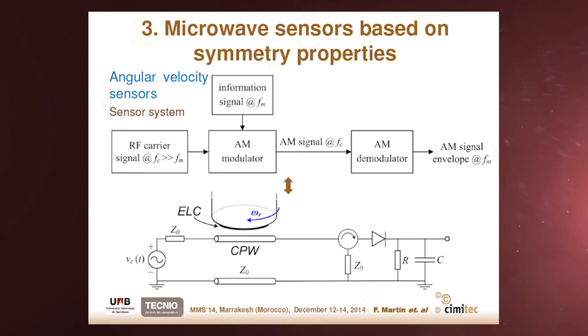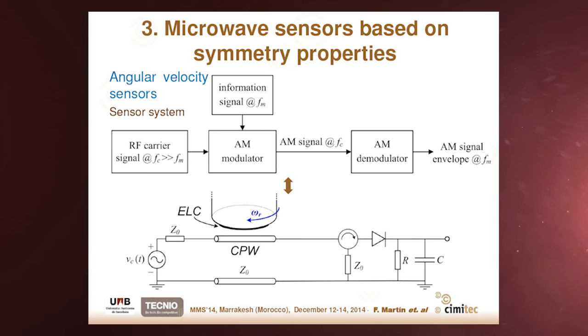This rotation sensor can be applied to the implementation of an angular velocity sensor. The idea is very simple. Essentially, we have the CPW structure and the rotating element on top of it. So if we inject here a carrier signal tuned at the fundamental frequency of this resonator, the rotation of this resonator modulates the amplitude of the signal.